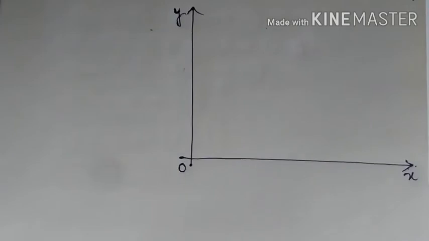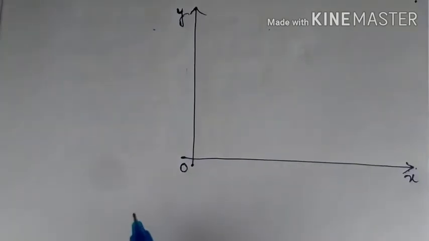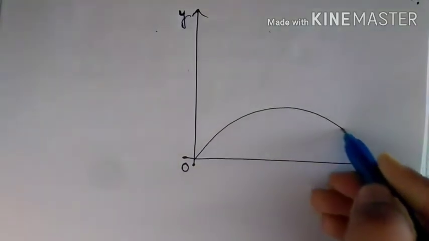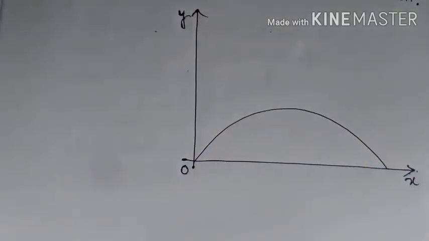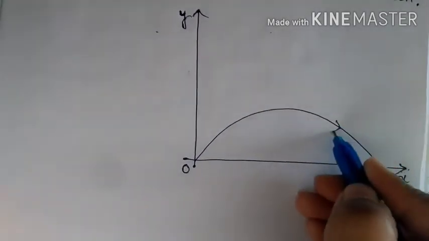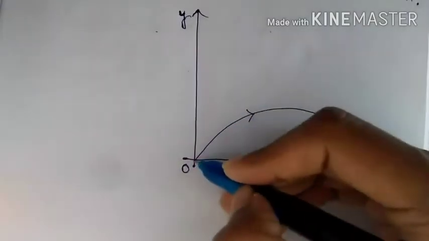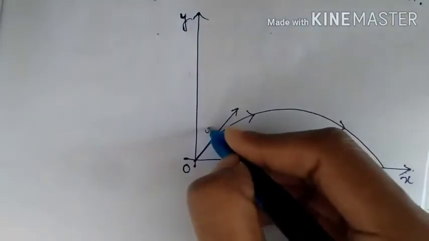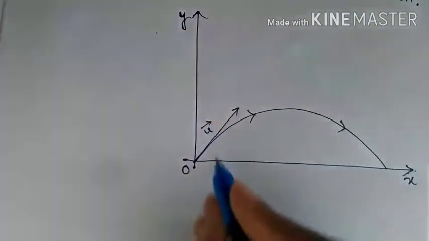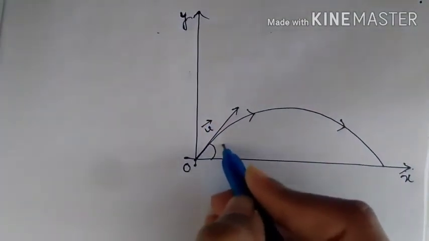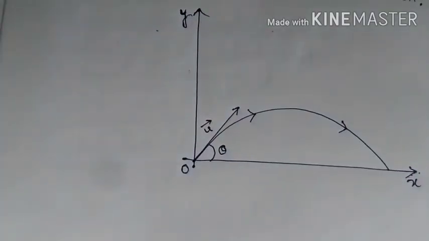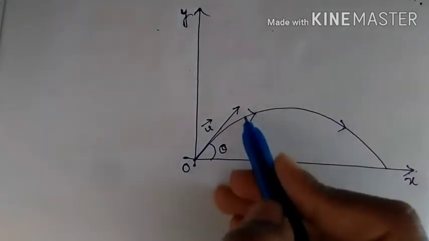Now a projectile is thrown with the angle theta. This is the trajectory of the projectile. This projectile is thrown with the initial velocity u and makes an angle theta with the horizontal axis. Is this clear?